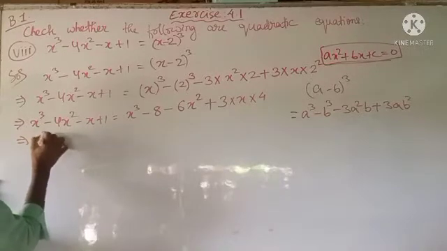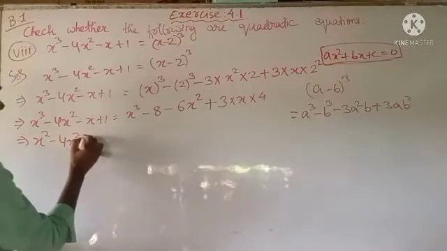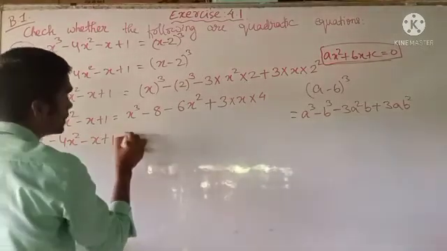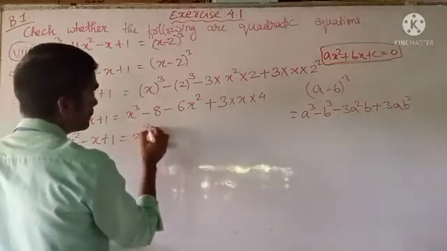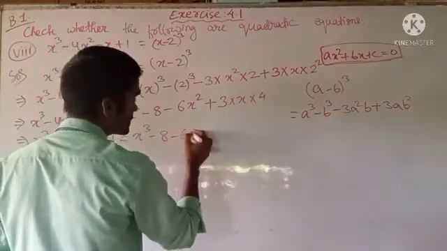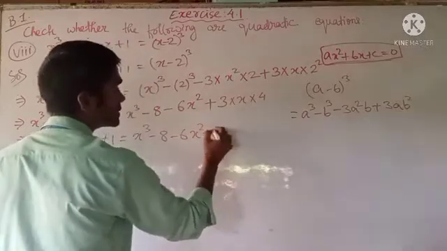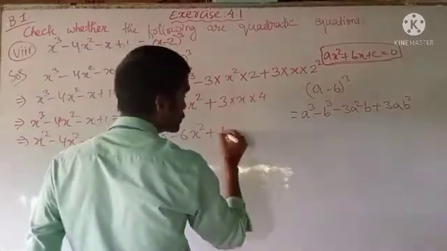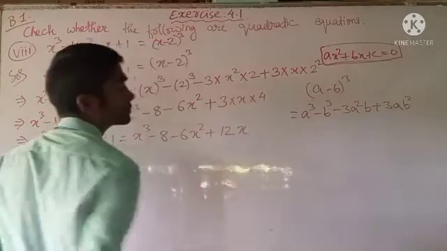Now again x cube minus 4x square minus x plus 1 is equal to x cube minus 8 minus 6x square plus 3 into 4, it is 12x.